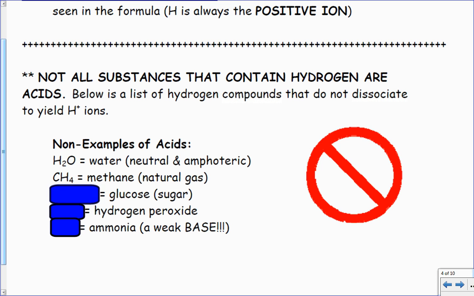CH4, H is not first. Glucose, H is in the middle. Hydrogen peroxide, H is first, but it's a peroxide, special because it has an O2 ending. Very, very specific. And then NH3, ammonia, is actually a base, and we're going to see that a little bit later, that that's the exception to the base rule of OH.